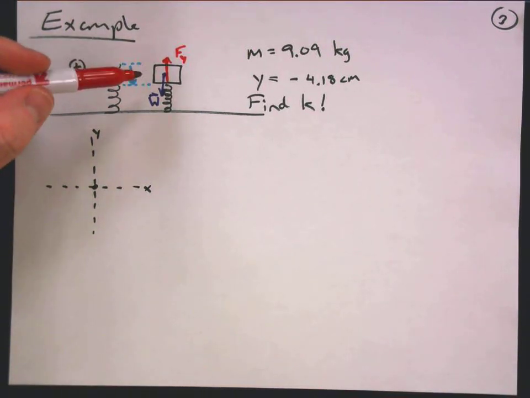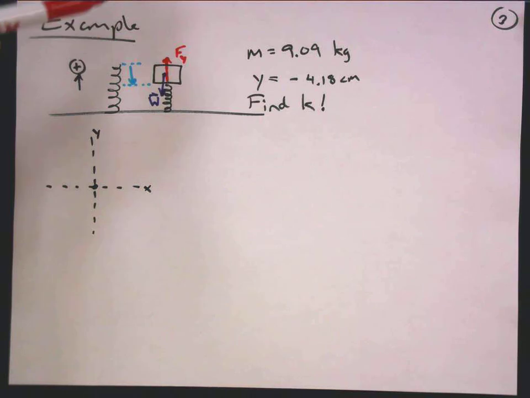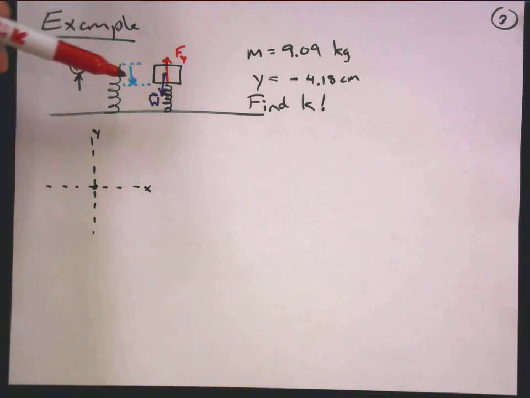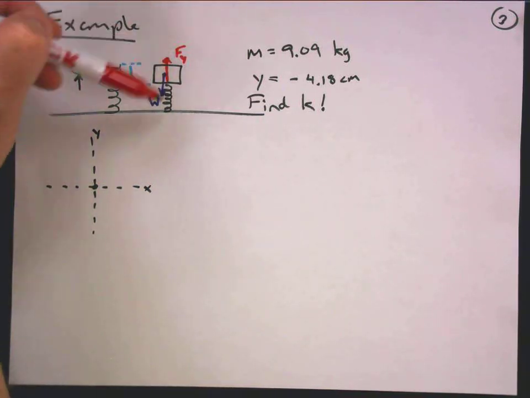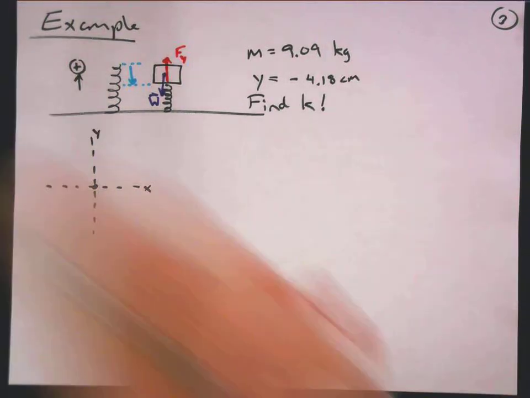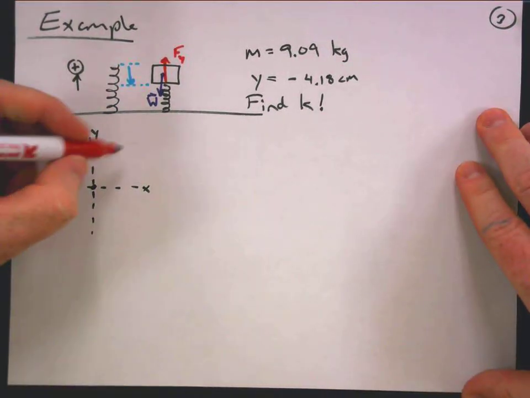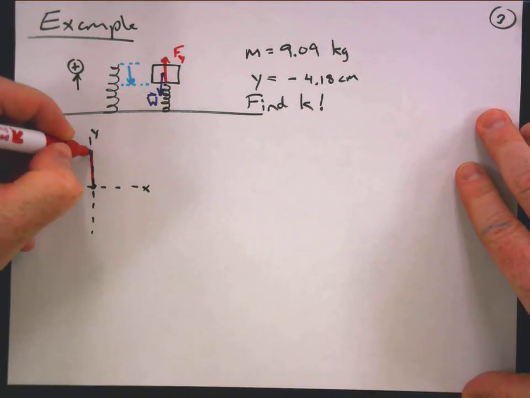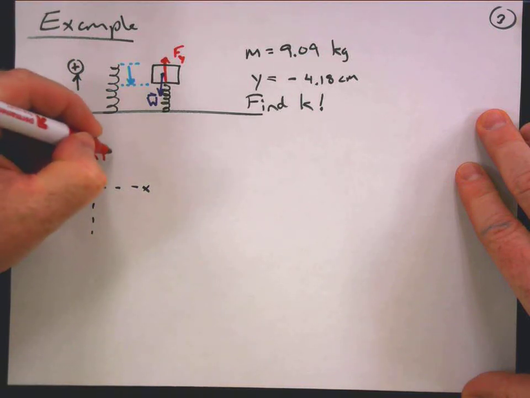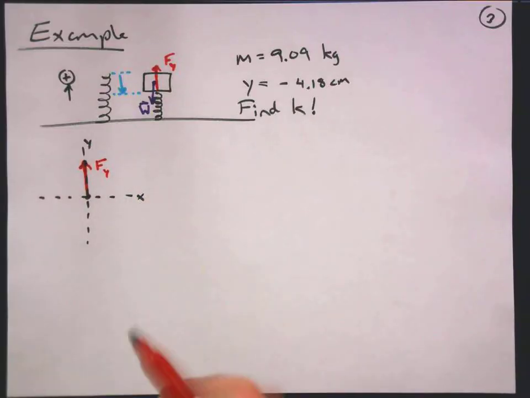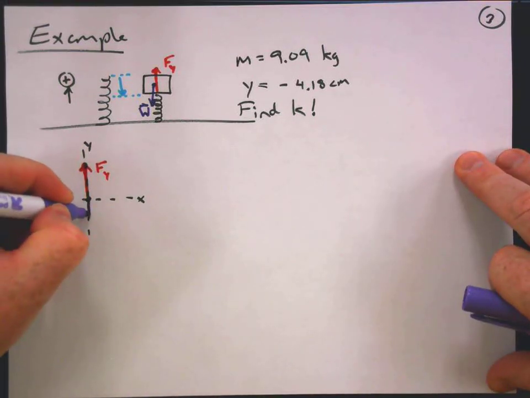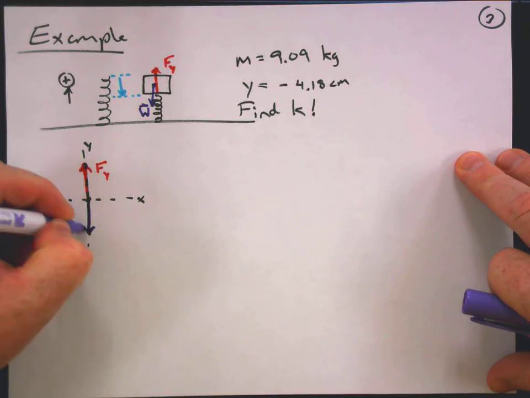What's observed is that when this thing is placed upon the spring, the whole system reaches a new equilibrium, a new stable state, and that means no acceleration. With no acceleration, I don't necessarily know how long to draw the force in the y direction caused by the spring, but I do know these two arrows should be equal length.